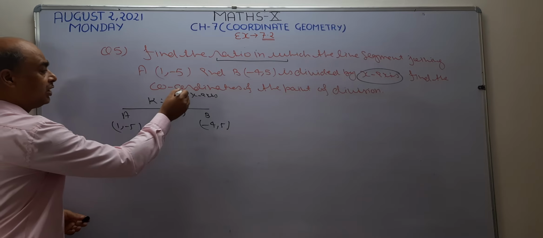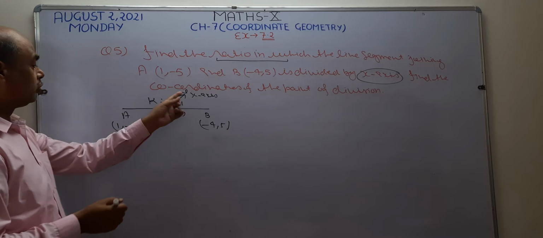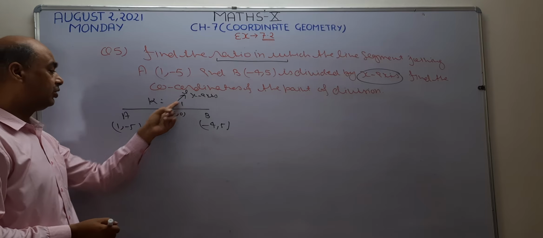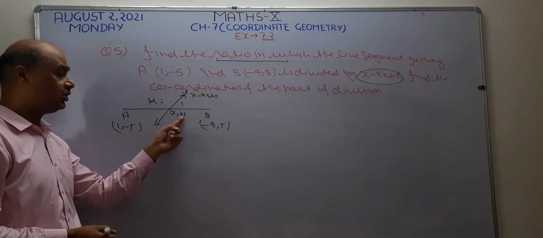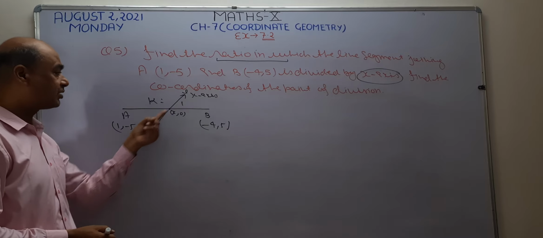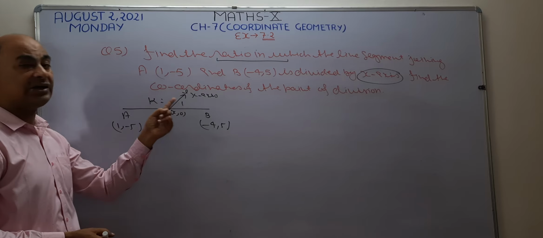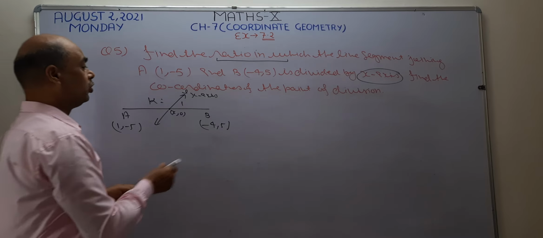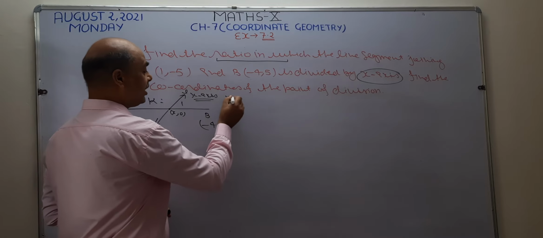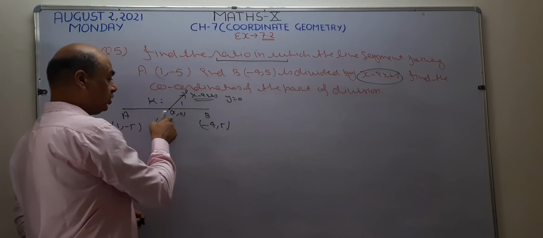When this line L divides the line segment AB in the ratio k ratio 1, the coordinates of this point become x and 0, because this line is the x-axis. On the x-axis we can take any value of x and the value of y becomes 0. You know that x-axis means y equal to 0, so you have to take y as 0 on this line.